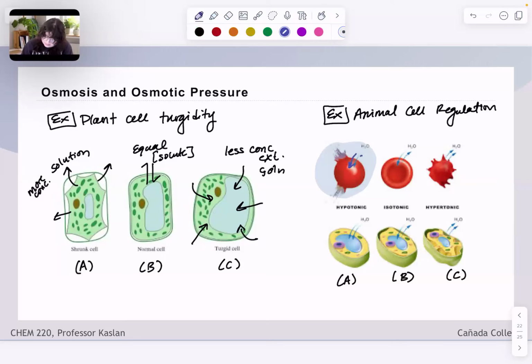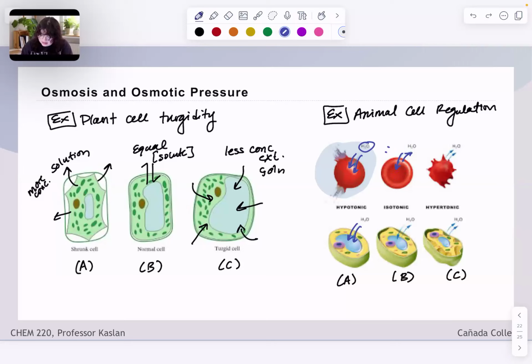It's in an environment where water would spontaneously flow into that cell. So looking at it using a little textbook diagram, you would have water flow in. Isotonic is again this equal and opposite exchange of water into and out of the cell. So we have an equal concentration of solute exterior to the cell as we do interior inside the cell.